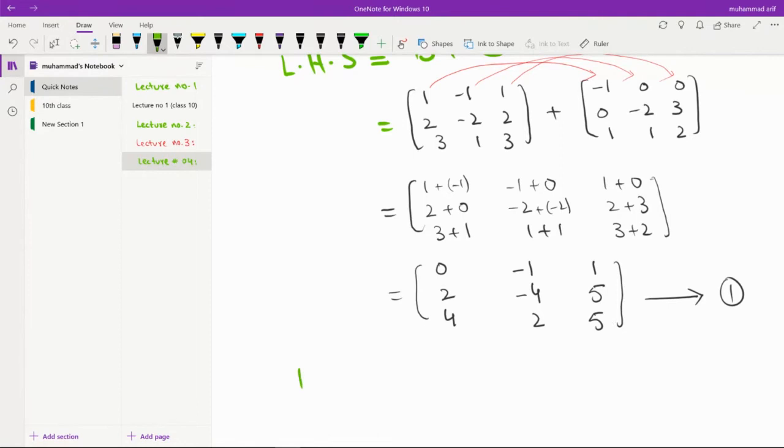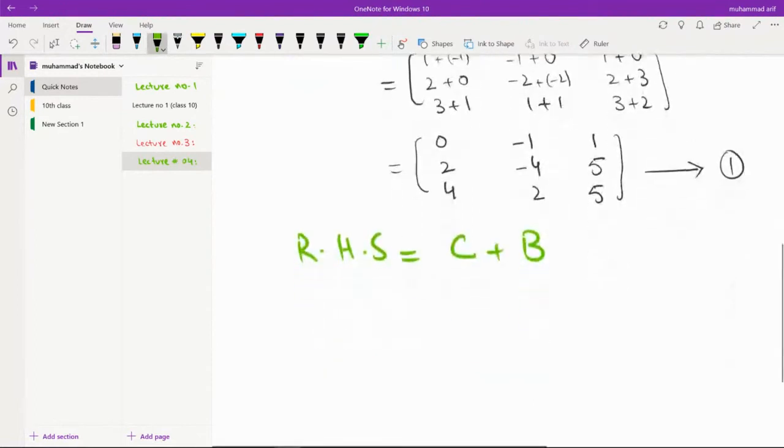Now we write right hand side. Right hand side is C plus B. Here we write matrix C, which is equal to -1, 0, 0, 0, -2, 3, 1, 1, 2.